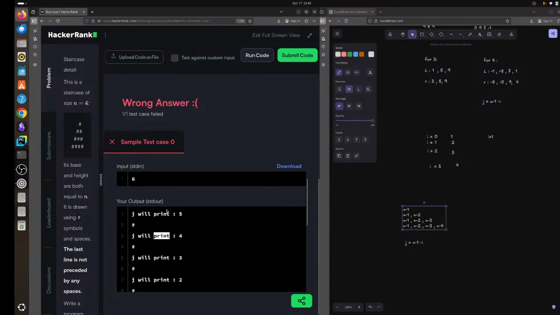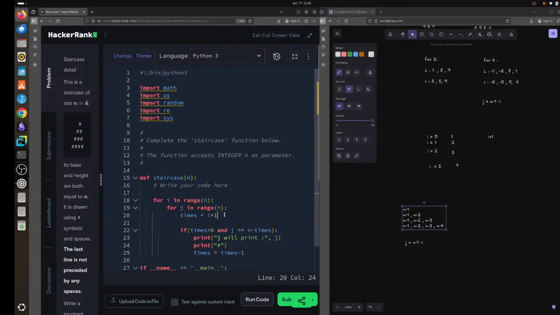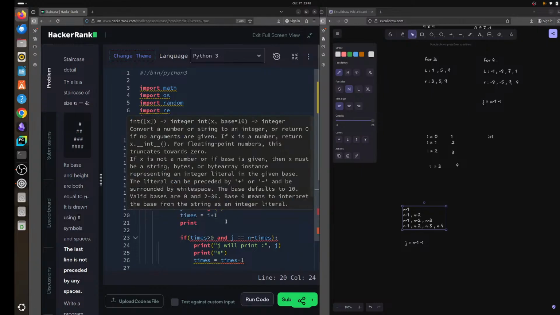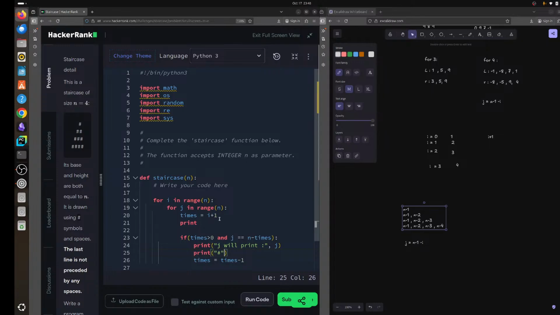As first time times is, let's print the times. No, sorry, times we can't consider here. Every time times will, no, every time times will be i plus 1, right? If we're entering the loop, let's put it here.